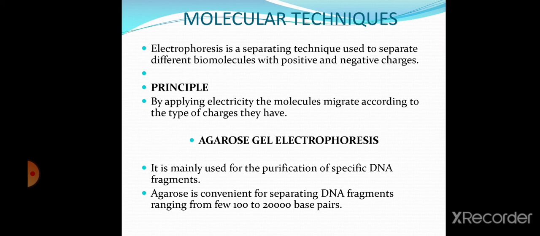The most preferable thing used for purification of smaller DNA fragments here is polyacrylamide. The gel is a complex network of polymeric molecules. Under the electric field, DNA is a negatively charged molecule, so it will migrate through the gel.